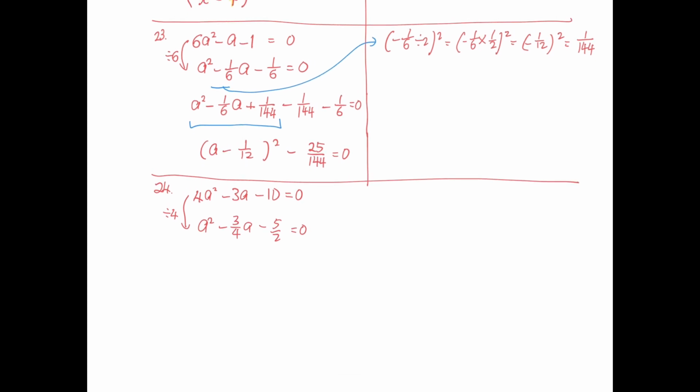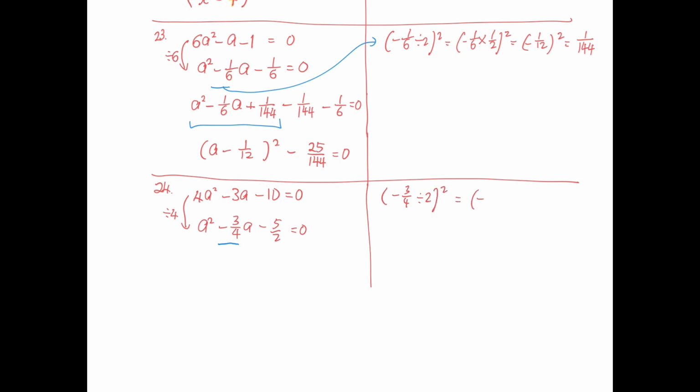Okay, so now what to do next is we take the b, the second term's coefficient. Normally we call that b. So we take it, divide by 2, and then we square it.